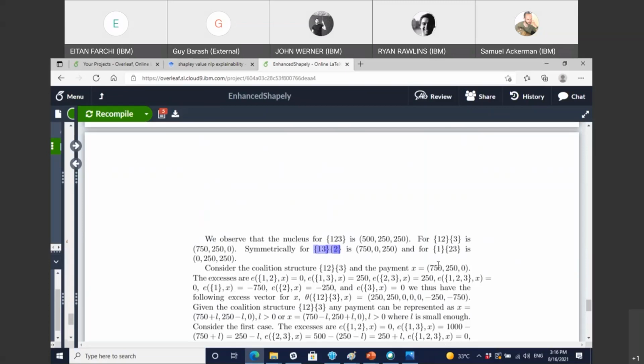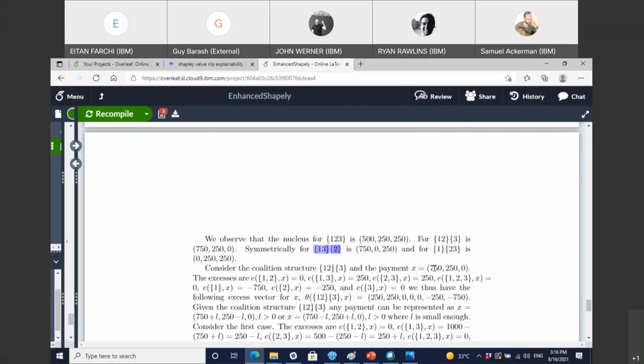Okay, so 1 and 3 can get 1,000, right? And now in this payment, 1 and 2 get together 750, right? So if 1 breaks the current coalition with 2 and goes with 3, there's going to be 250 more shekels to split between them.